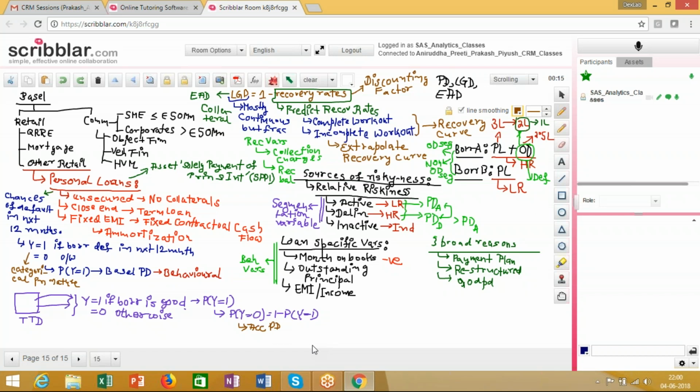Now, one very important factor is that this acquisition PD is not based on your behavioral factors. It is essentially based on the behavior in previous credit. So the acquisition PD that I have over here is based on the behavior of the borrower in other credits.